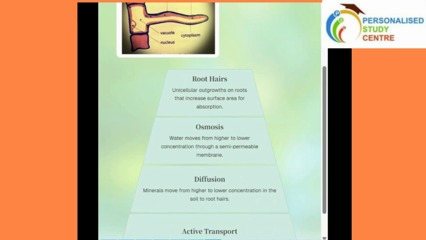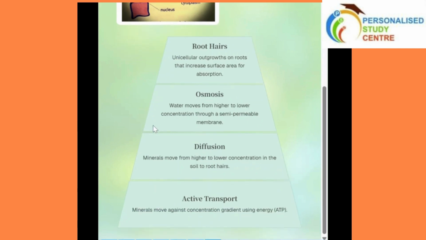So osmosis is the movement of water from an area of higher water concentration to an area of lower water concentration through a semi-permeable membrane. The important point over here is that only water molecules can go inside, and that is why there is a use of semi-permeable membrane.